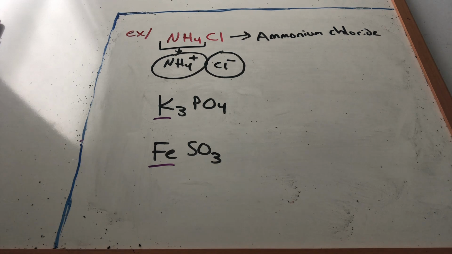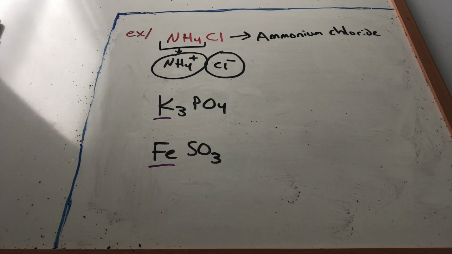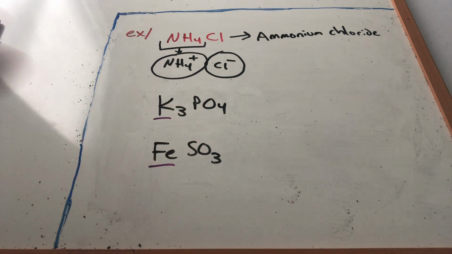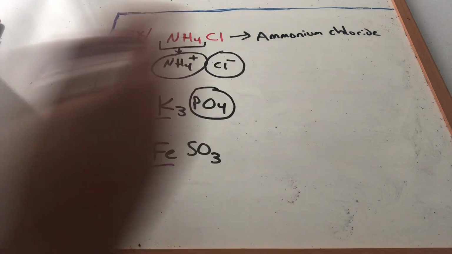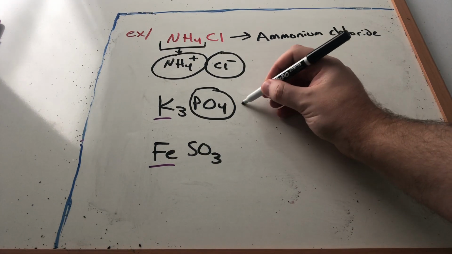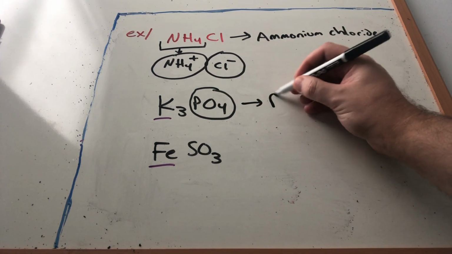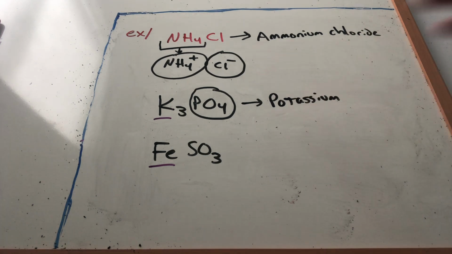So definitely ionic compounds. Let's focus here. This is metals attached to a polyatomic ion we have to memorize. This is one big chunk of charge, and the name of this is phosphate. So I'm going to name this like I normally would, potassium. I'm not going to name this phosphide.